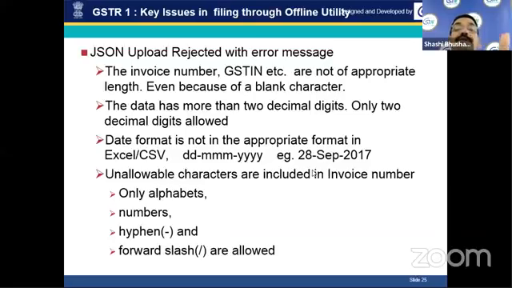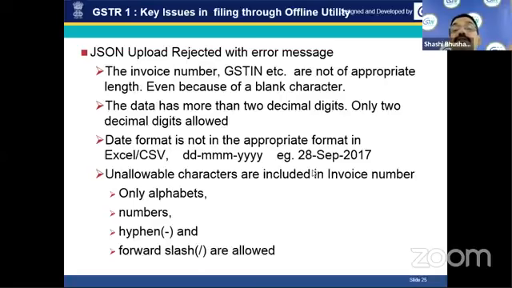There is a prescribed length for GSTN, that is, it should be 15 characters. But sometimes there is a blank character in front of it. This was entered either in the Excel or in the offline tool, and it was not noticeable. Because of that, the system rejects it, since GSTN should be only 15 characters.